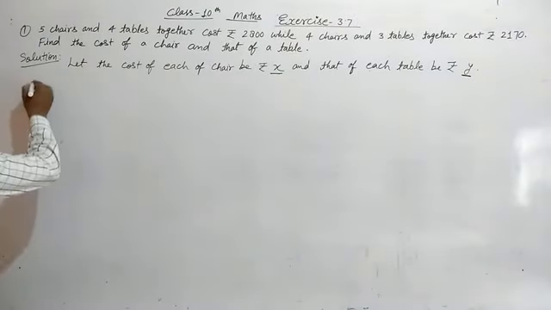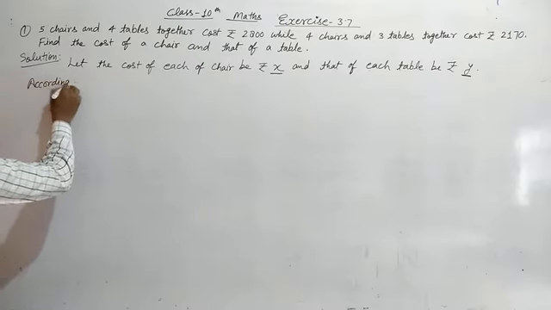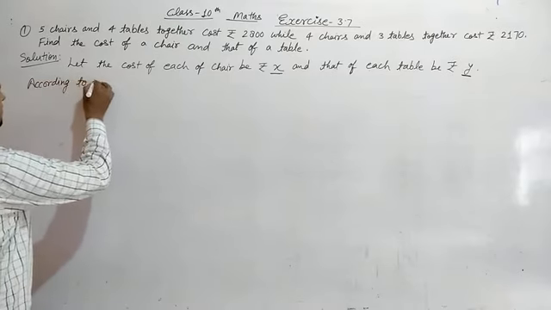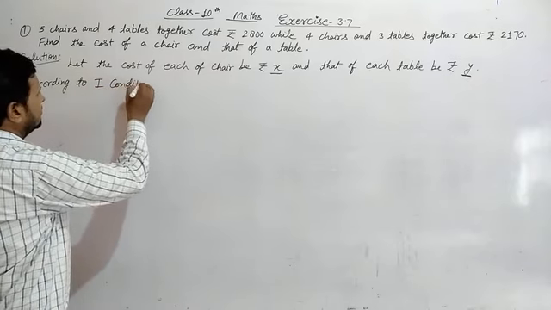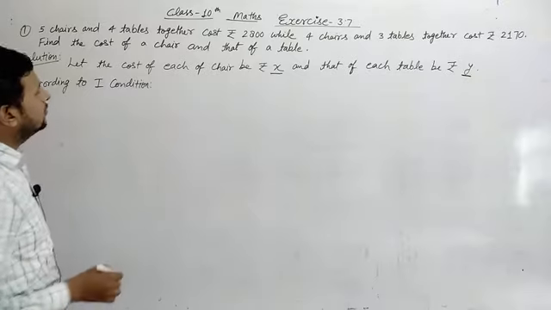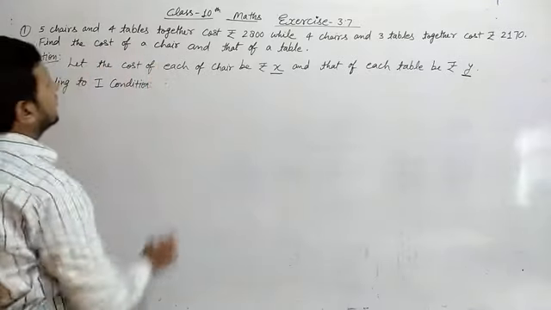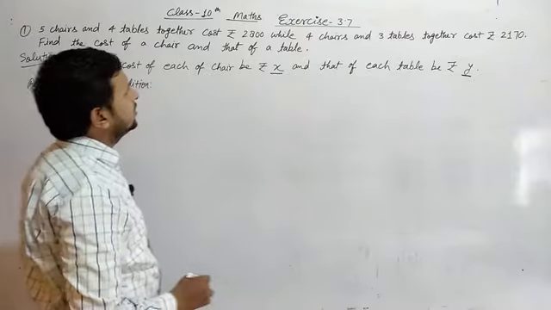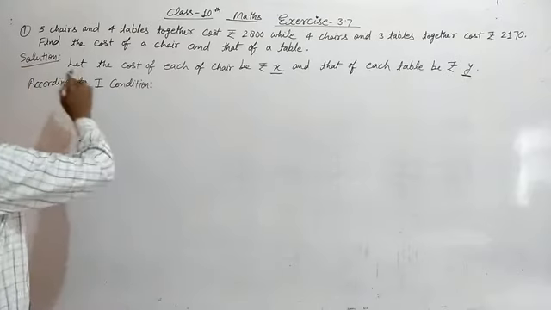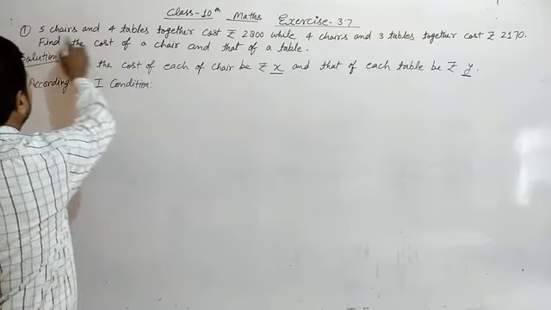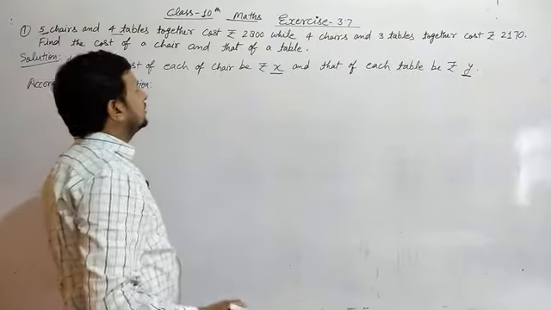So now according to the first condition, what is the first condition? 5 chairs and 4 tables together cost rupees 2800. Means the total cost of 5 chairs and 4 tables is 2800.